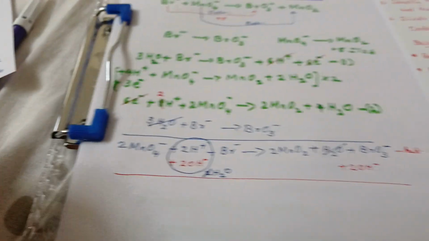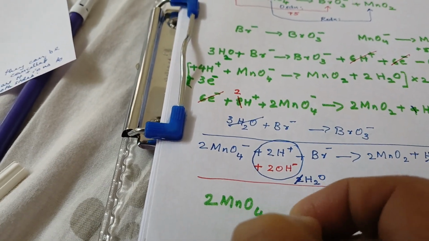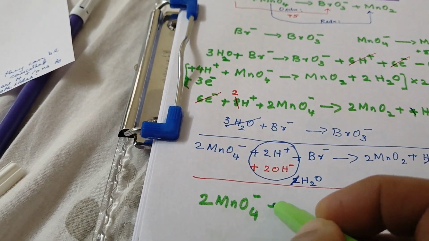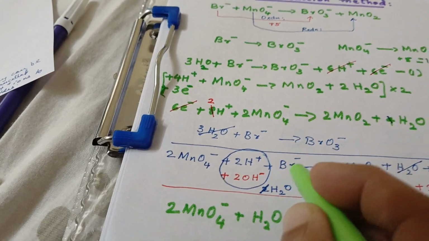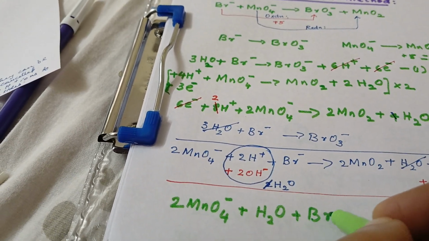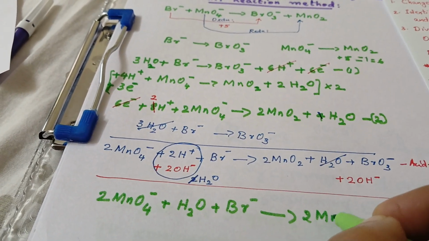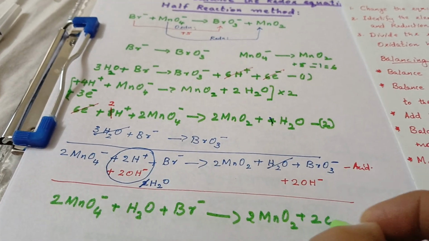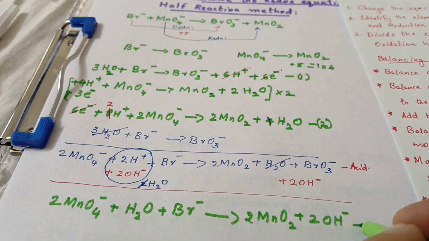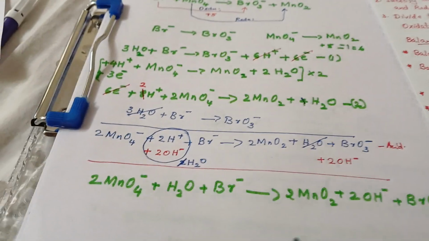Let us write the overall balanced equation. 2 MnO4 minus plus H2O plus Br minus giving 2 MnO2 plus 2 OH minus plus BrO3 minus.